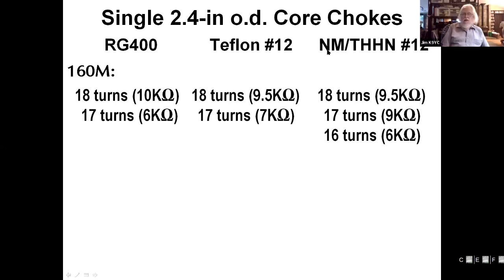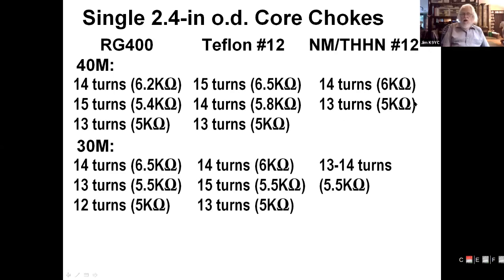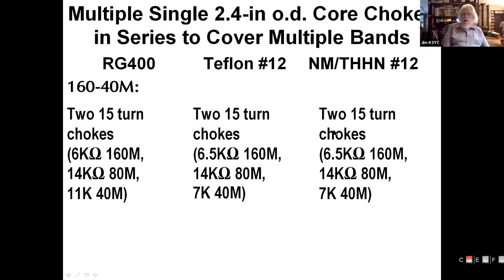And there's similar data for the other bands. Here's another pair. Then here are some chokes that you can use in combination, in series, to cover multiple bands. So there are a bunch of recommendations for that.